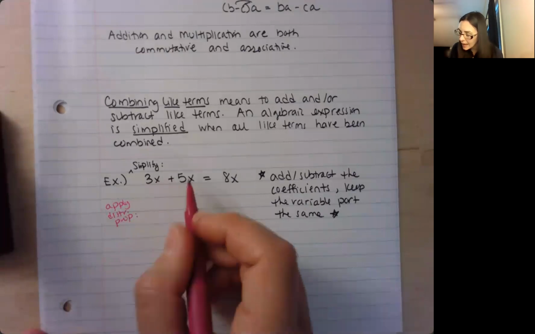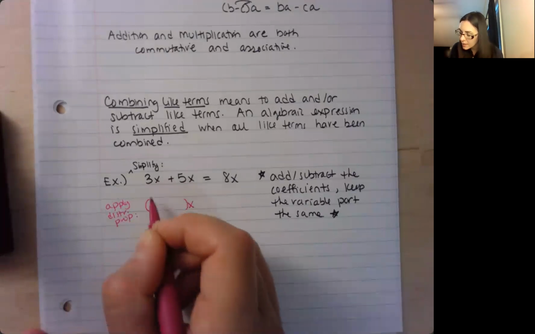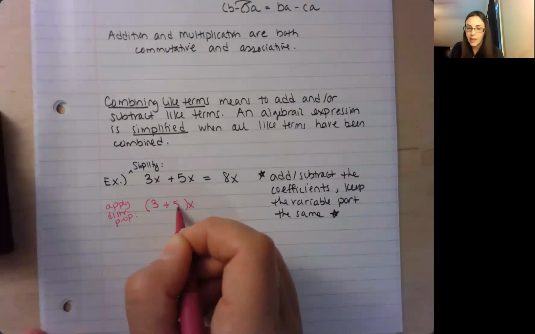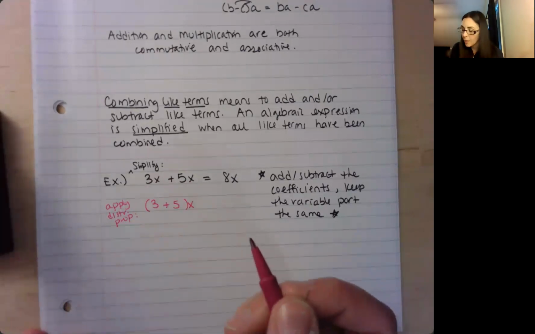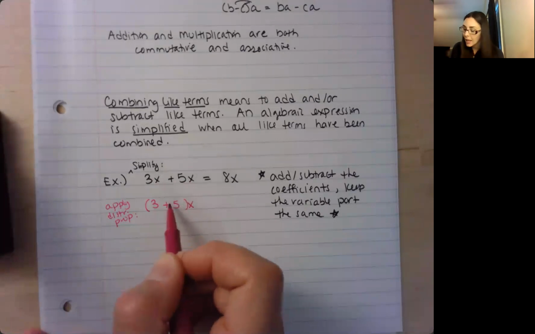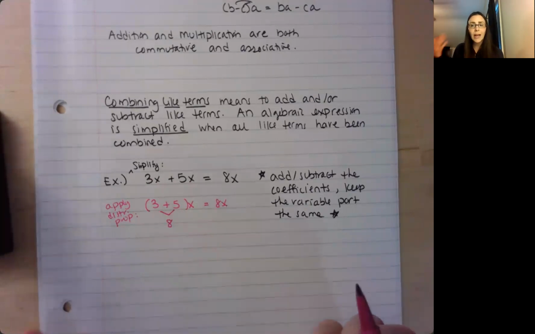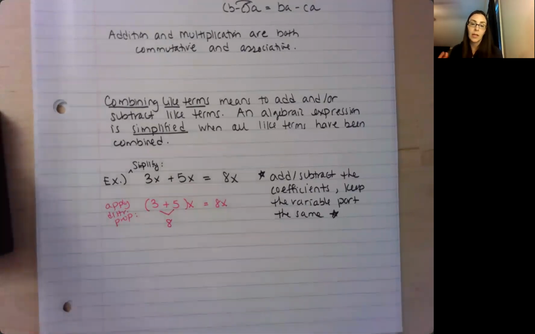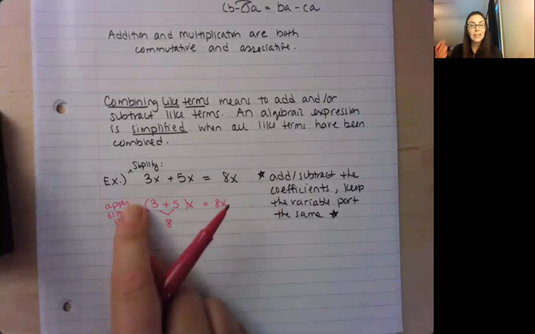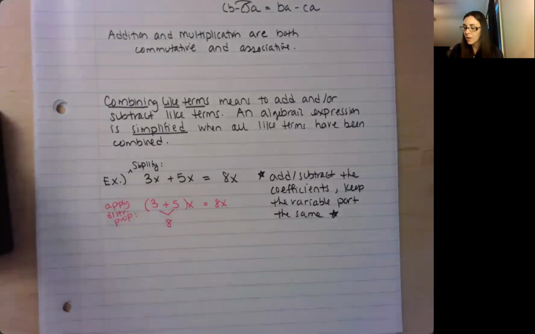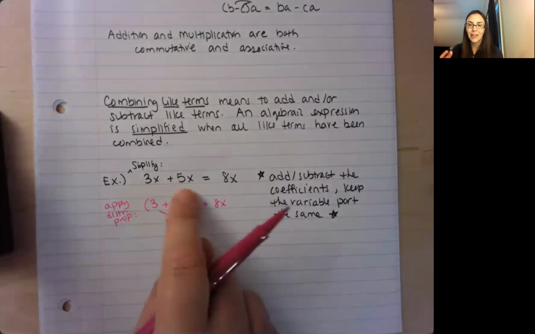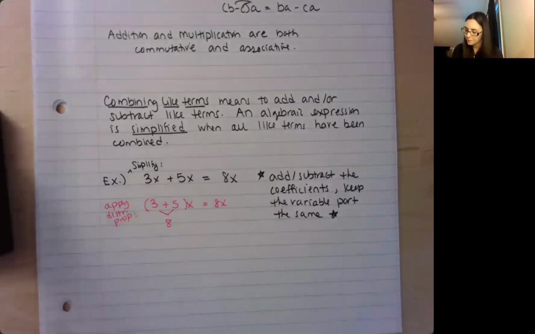So if I were to take that x out, I could rewrite this as just 3 plus 5 with the x removed, right? I haven't changed the problem because I could bring that x back in, and now I can kind of clearly see that there's the 8, and my answer is just 8x. So we're actually sort of applying the reverse distributive property here to get the reasoning why we can combine like terms. So I just want to point that out, but realistically, I don't expect you to do that every single time. You should be able to look at an example, see what like terms are, and just combine them together.